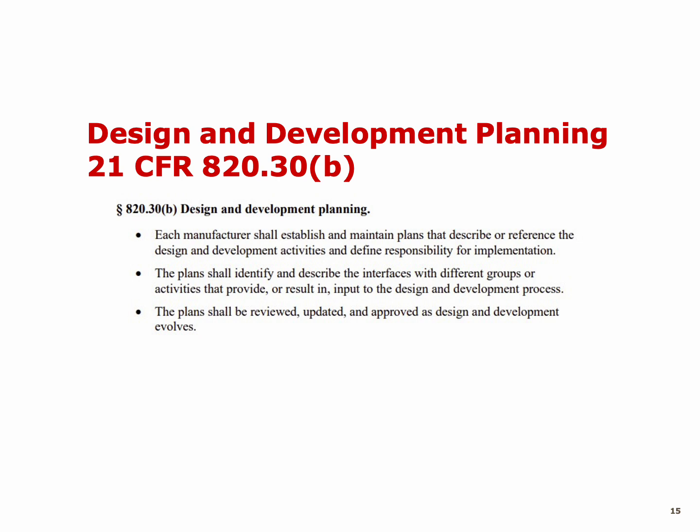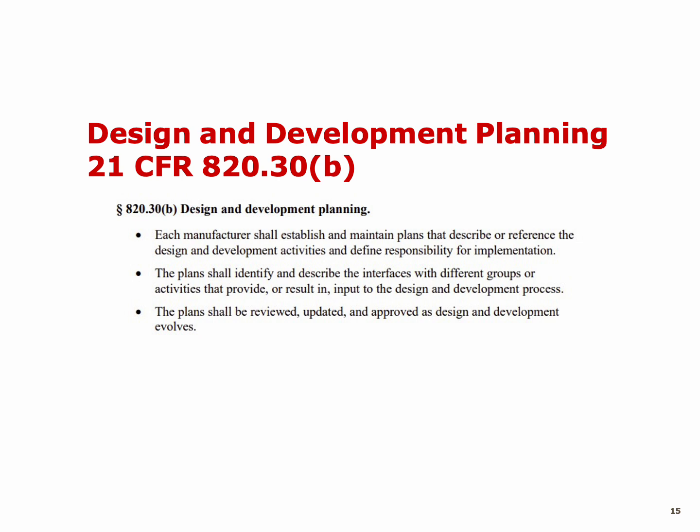Now let's talk about the design and development planning. So if you read 21 CFR Part 820.30(b), it states that each manufacturer shall establish and maintain plans that describe or reference the design and development activities and define responsibility for implementation.